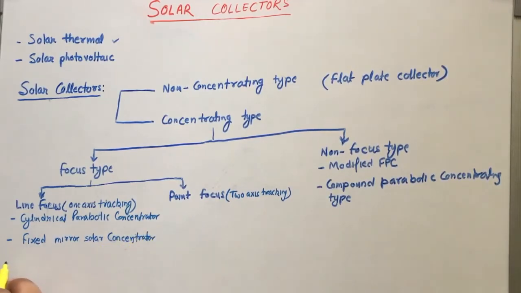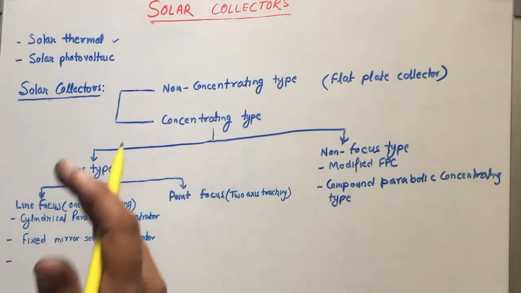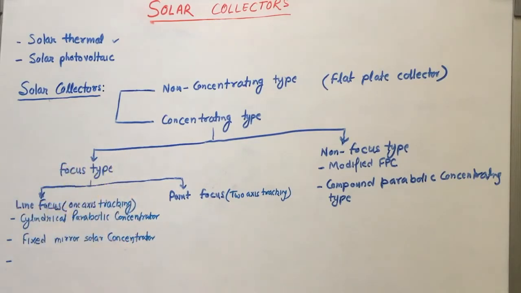And further we will include linear Fresnel lens collectors. This is pronounced as Fresnel lens; the S is considered as silent.